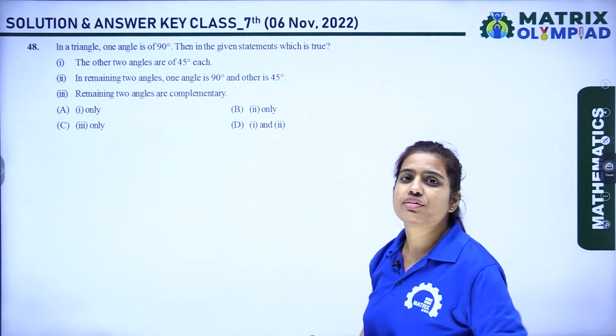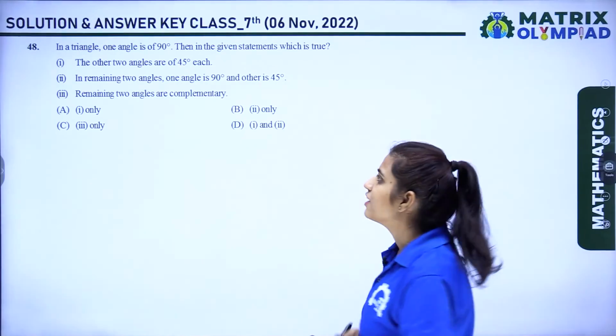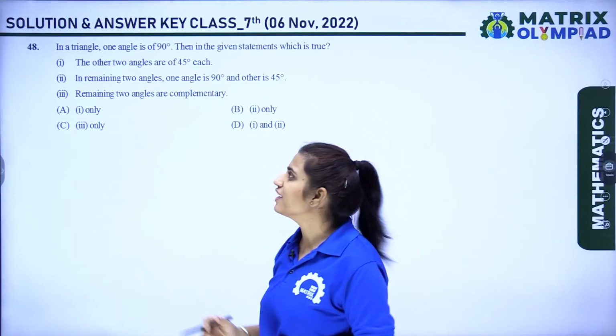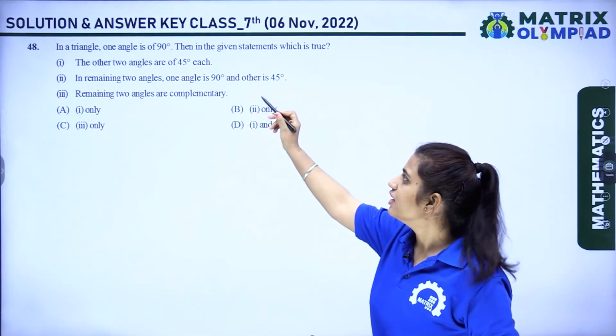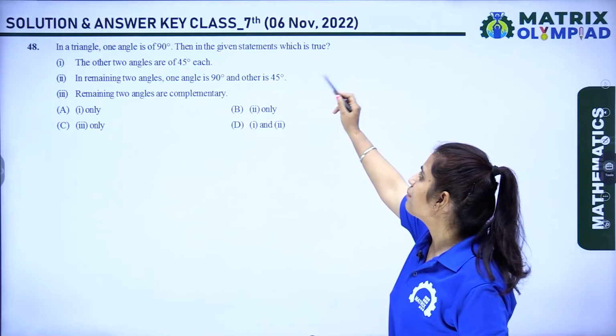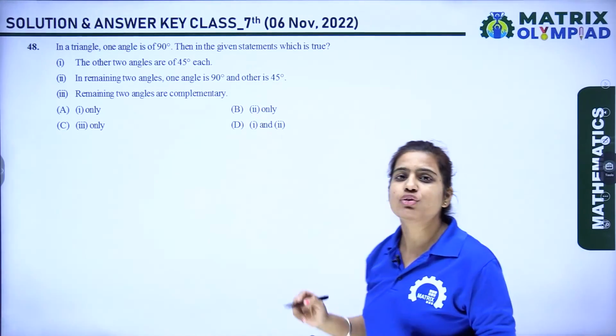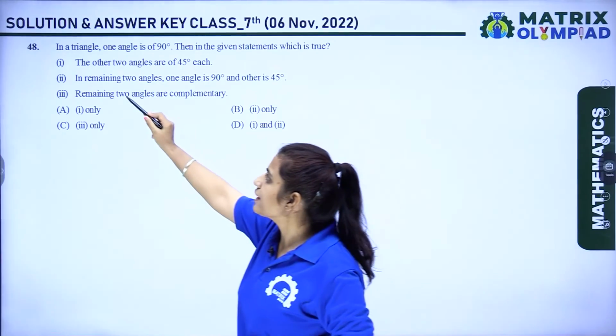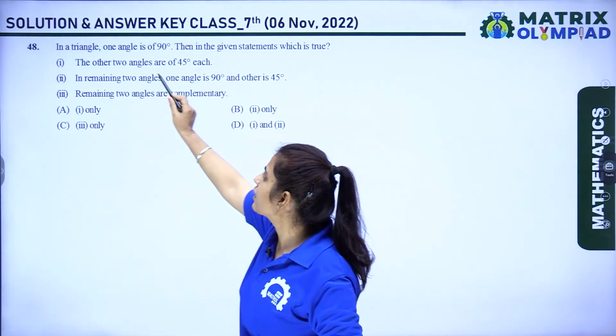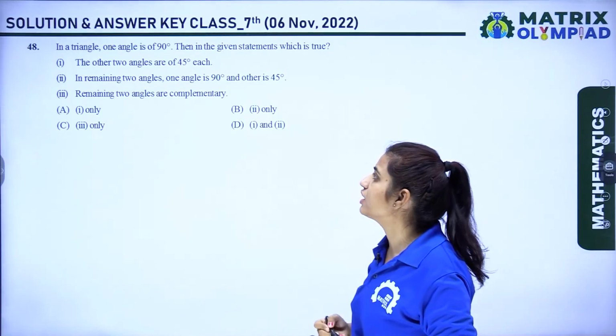Now let's solve question number 48. In question number 48, we have a triangle in which one angle is of 90 degree. Then in the given statements, which is true? We have to find out which statement is true. Now here first statement is the other two angles are of 45 degree each.